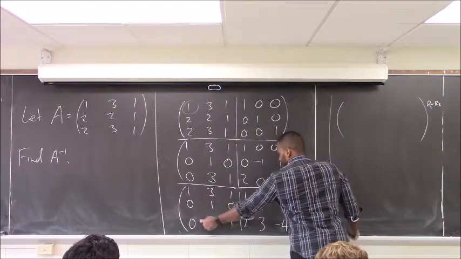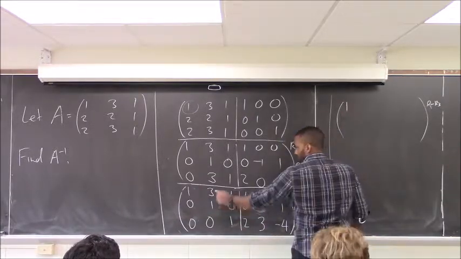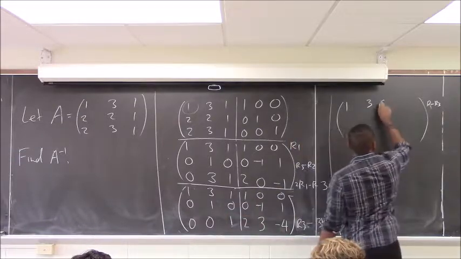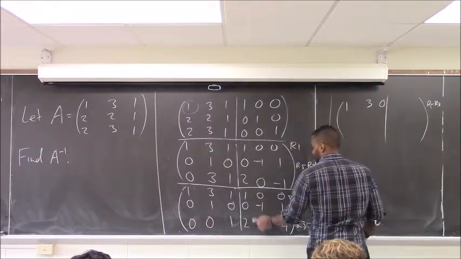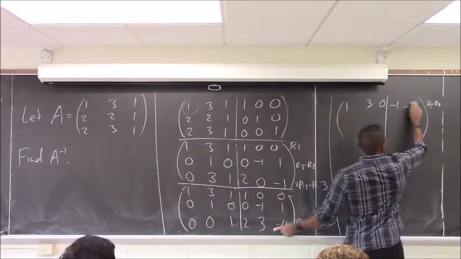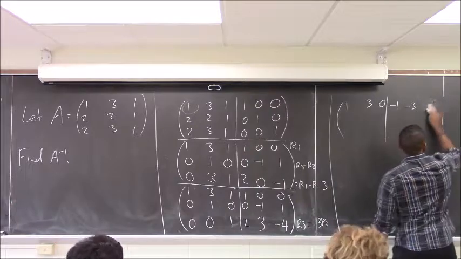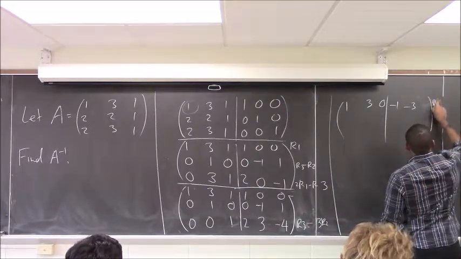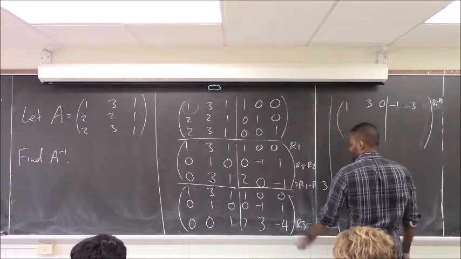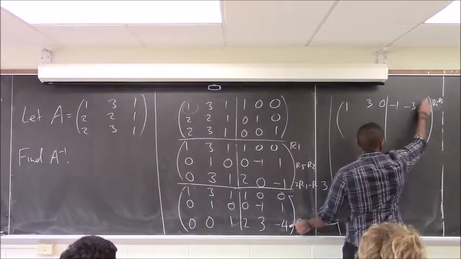So 1 minus 0, 1, 3 minus 0, 3, 1 minus 1, 0, 1 minus 2, minus 1, 0 minus 3, minus 3. 0 minus a minus 4, positive 4.